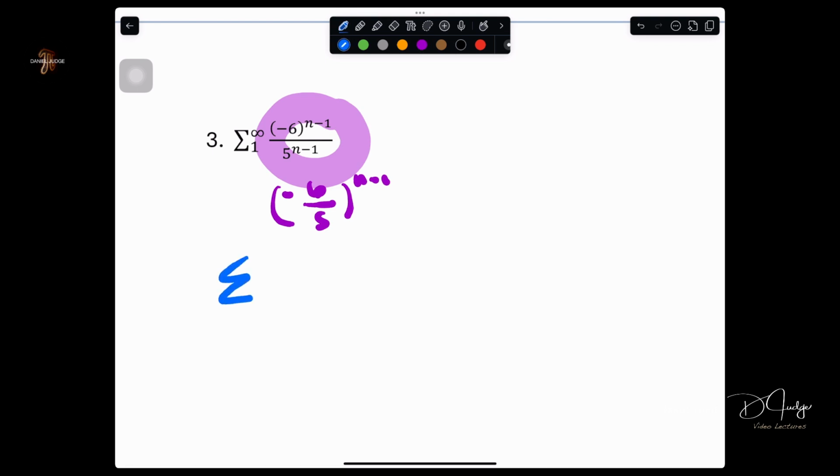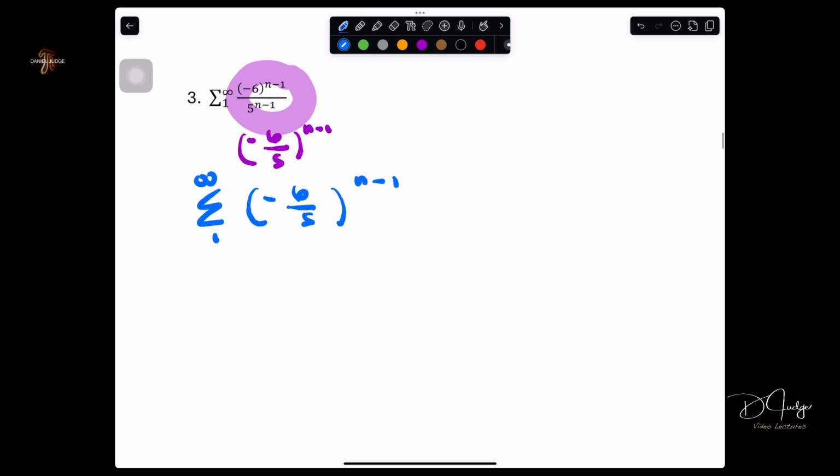So the real series, just by doing a little bit of simplification here, is what we see. Now, let's look at the terms here. If we let n be 1, we get -6/5 to the 0 power.